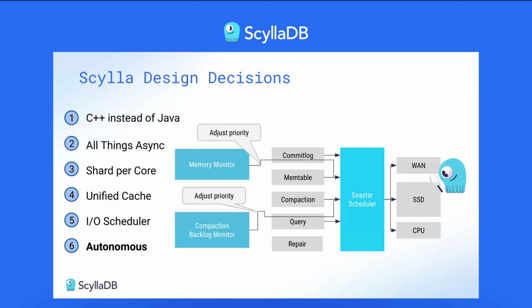This one is an analytic workload, I don't care as much if the latency is above 1 millisecond or even above 10 milliseconds, as long as it doesn't hurt the real-time requests. So you can assign such workload prioritization for each workload, and this uses under the hood the I/O scheduler that I mentioned earlier.